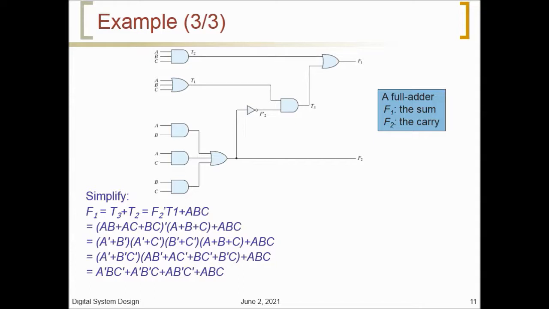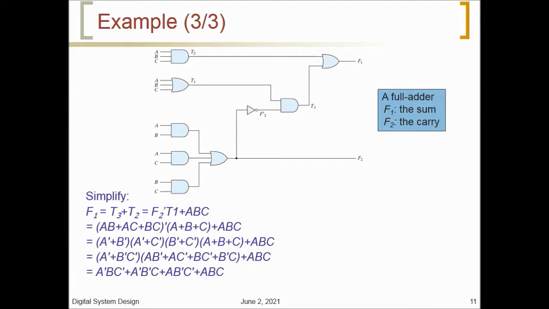The derivation of a truth table for a circuit is a straightforward process once the output Boolean functions are known. To obtain the truth table directly from the logic diagram without going through the derivation of Boolean functions, we proceed as follows.